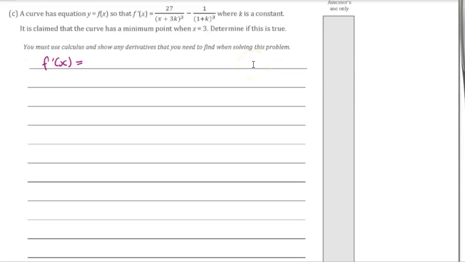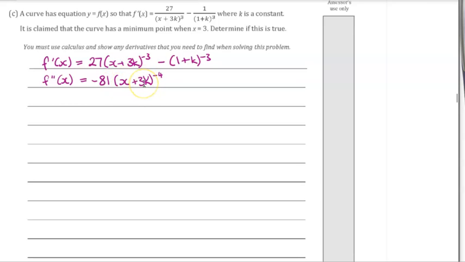So I'll start by rewriting f dash of x in easier terms to differentiate. So putting those into power terms instead of fractions means that I can then do the second derivative. So of that first term here, we are bringing the minus 3 down, reduce the power by 1. We will times by the derivative of the inside, which is just 1.